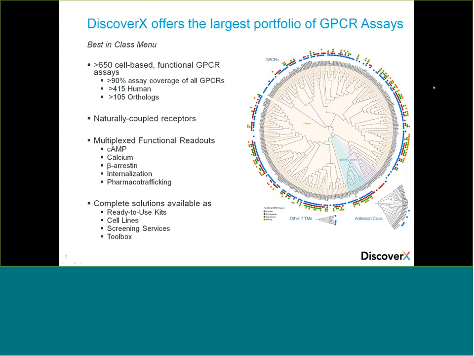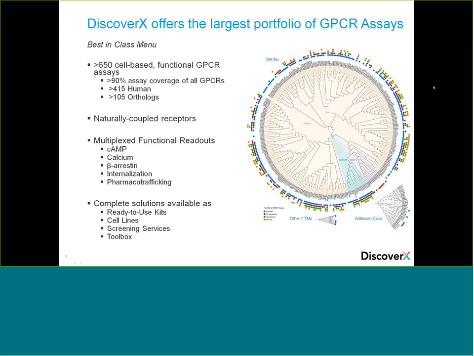As you know, GPCRs represent the largest class of validated therapeutic targets, with over 30% of currently marketed drugs targeting these receptors. DiscoverX offers the largest GPCR assays portfolio that includes over 650 functional assays, covering more than 90% of this receptor class. The assays are available with cyclic AMP, calcium, beta-arrestin, and internalization as functional readouts that can be run in a single or multiplex mode. These naturally coupled receptor cell lines have been tested and validated with their known ligands to ensure superior performance right out of the vial.